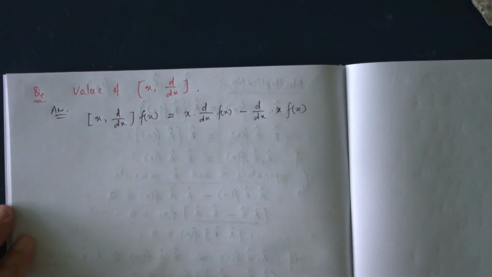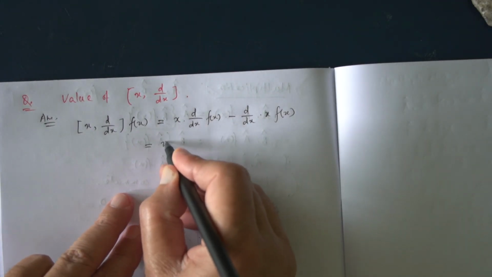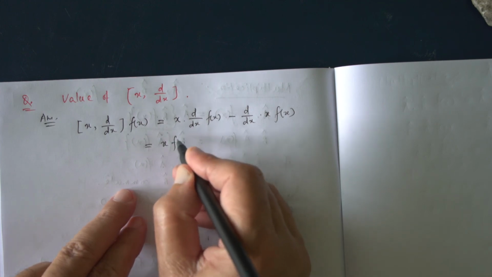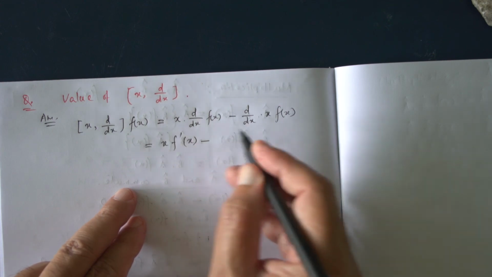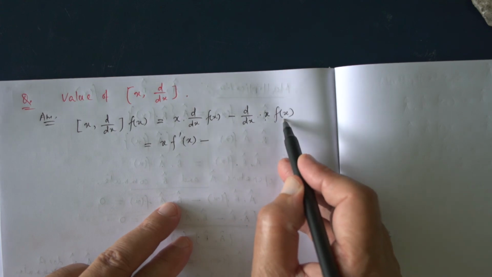This will be x into f dash x minus, using the product rule, first function, second function.